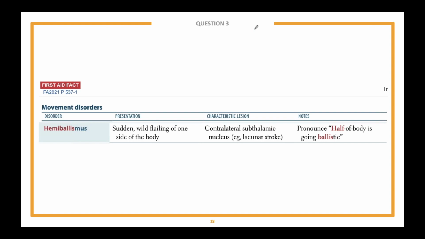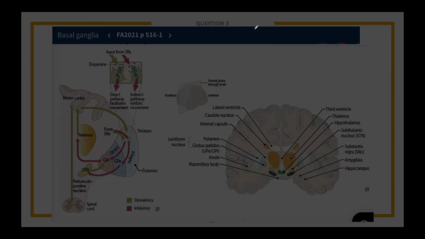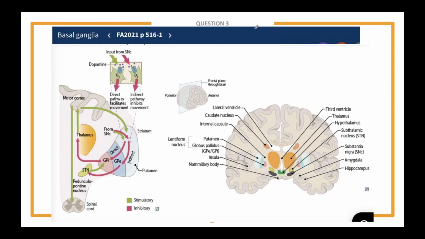So let's take a look at the next slide. And here is that nice, lovely image of all the arrows, all the inhibitory and excitatory arrows in the basal ganglia. But it's important to know the role of the subthalamic nucleus. You can see there that it's that kind of green ovoid nucleus with STN in it, okay, in that picture on the left.